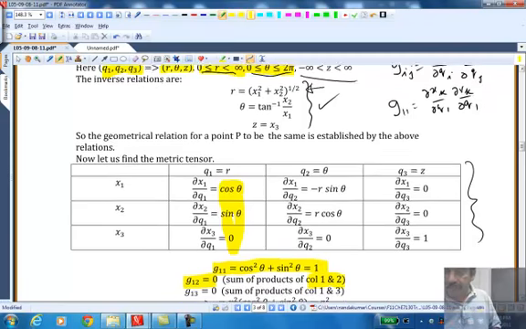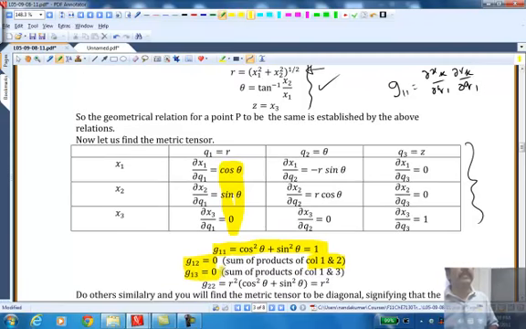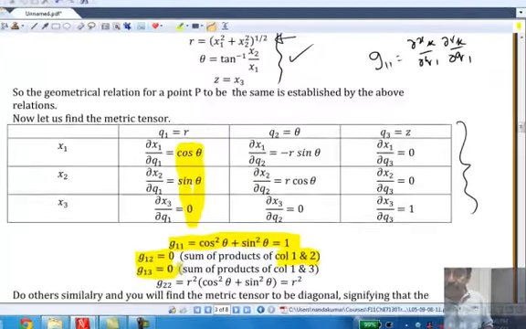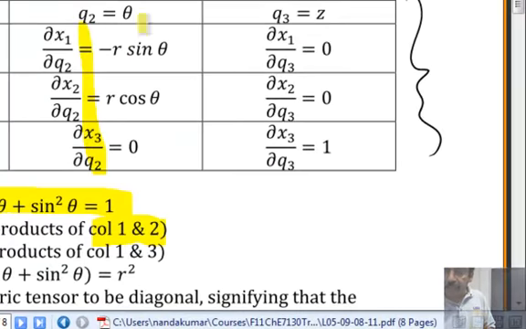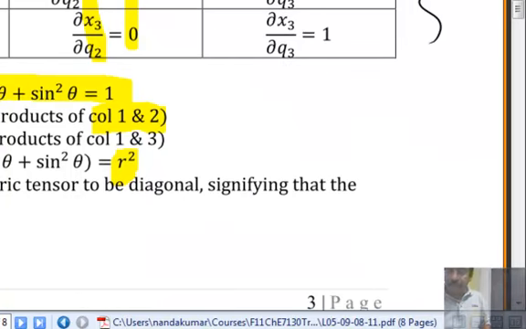Do the same thing, G13 will be 0. And then G22 is going to be the same column twice, multiplied. So it's going to be r square sin square theta plus r square cos square theta, which is going to be equal to r square.